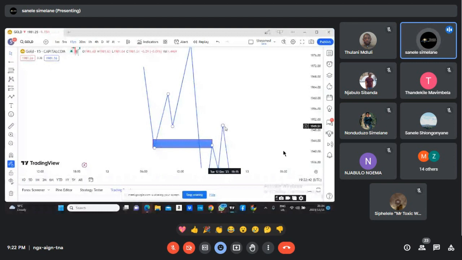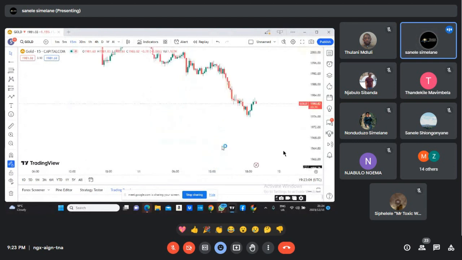If the market comes back from this zone, the entry that you'll find here, it's either being manipulated, but the entry that you'll find here will be a long-term trade. I hope you get that one.